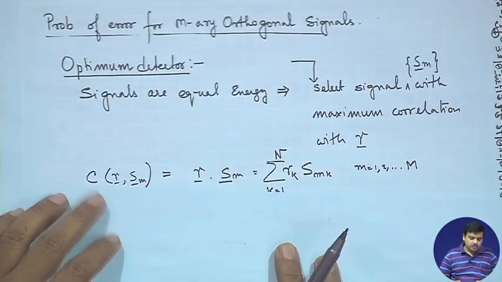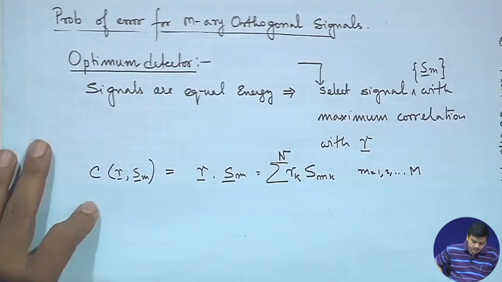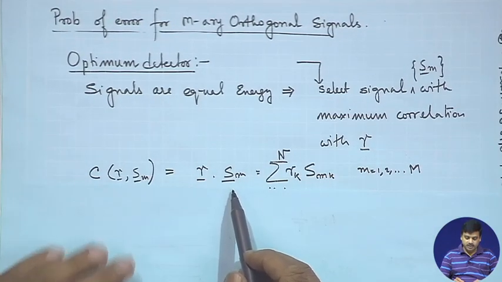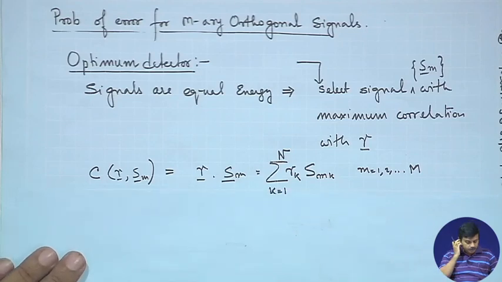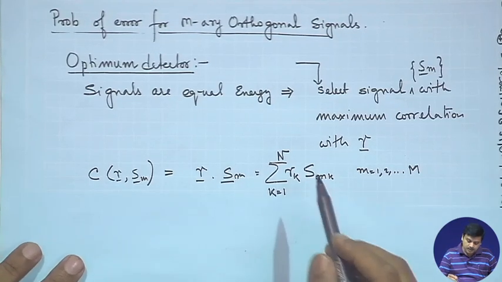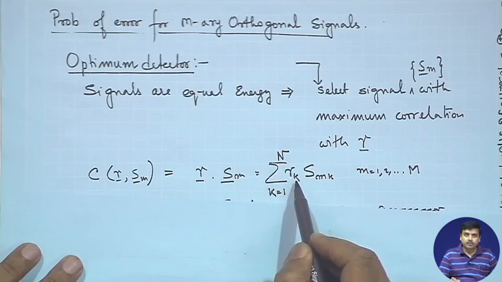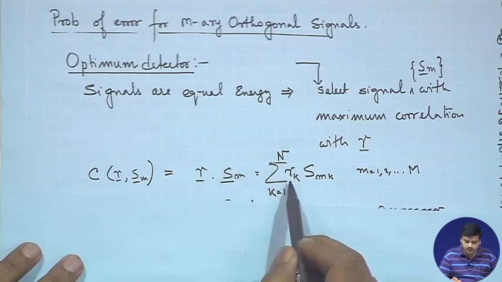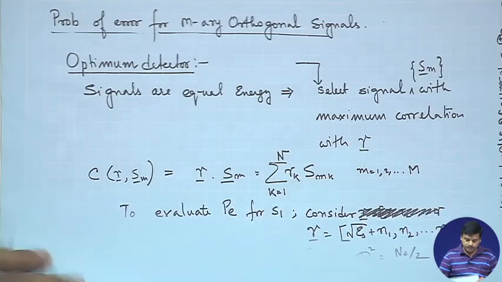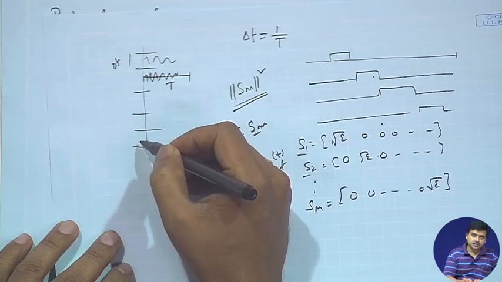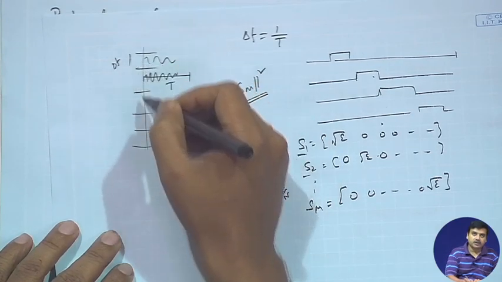So, we would compute the correlation metric, which we have just stated. In the vector form, the correlation metric is the product of the kth component of the received vector, so we are taking the component on the basis dimensions. Each of them are basis functions. Whatever is the received signal, we will take a component on each one.